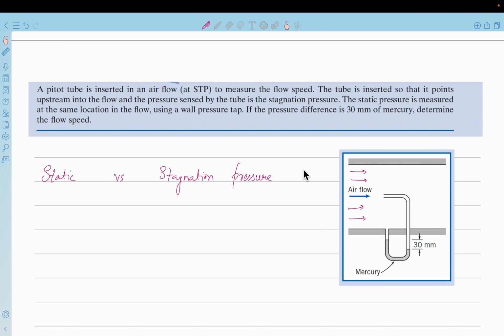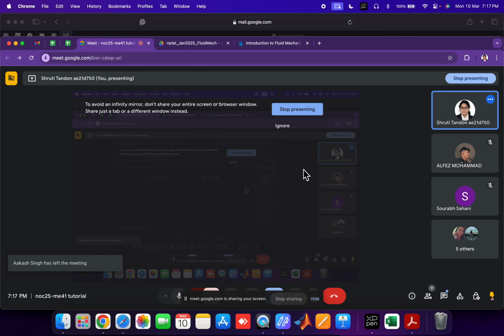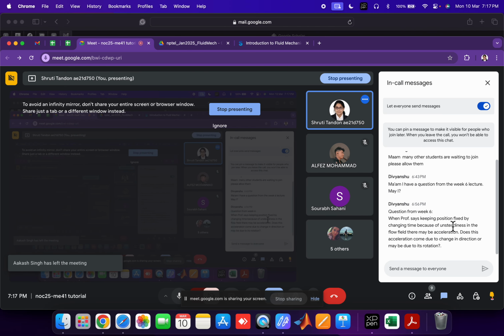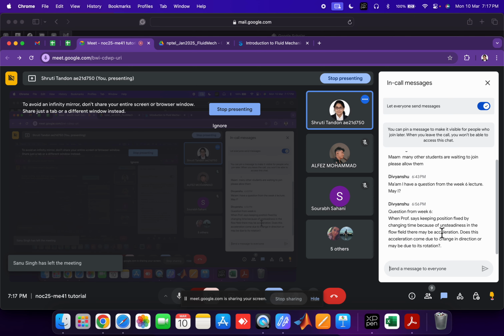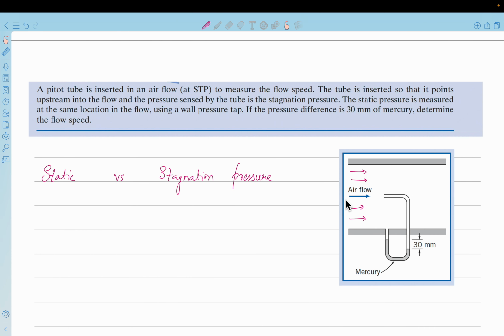Somebody says something in the chat. Okay. I'll probably get back to this question a little later. Can anyone tell me what is the difference between static and stagnation pressure?